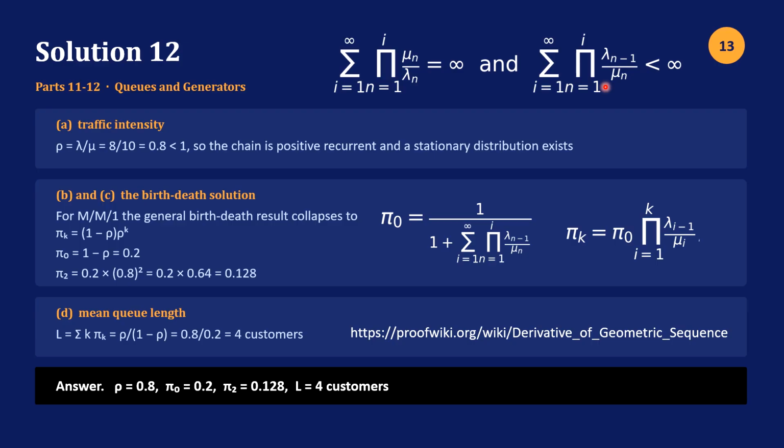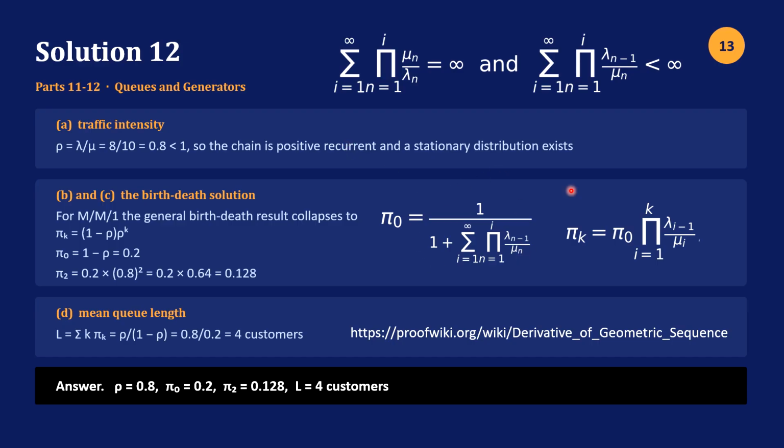So you factor the rho out of the summation, and then you just have the infinite geometric sequence, 1 plus rho, plus rho squared, and so forth, which is 1 over 1 minus rho. So this is equal to rho over 1 minus rho. And if you plugged in 0.8, you just get a finite number less than infinity. So that gives us the positive recurrent.